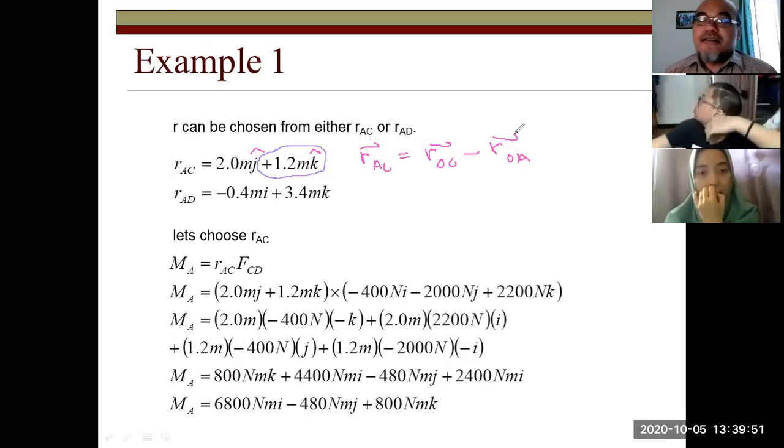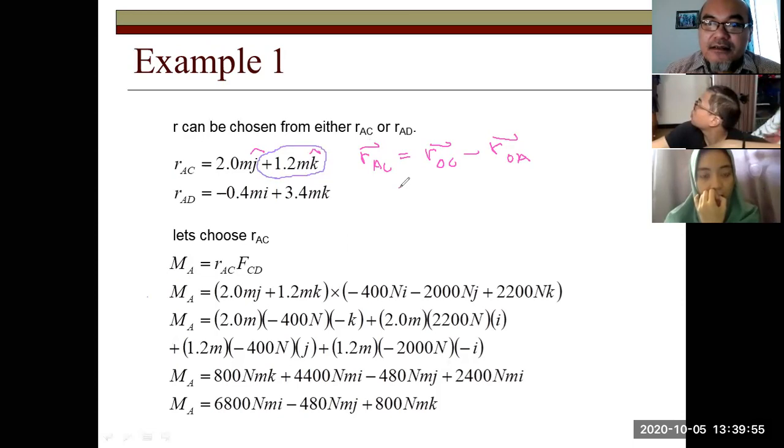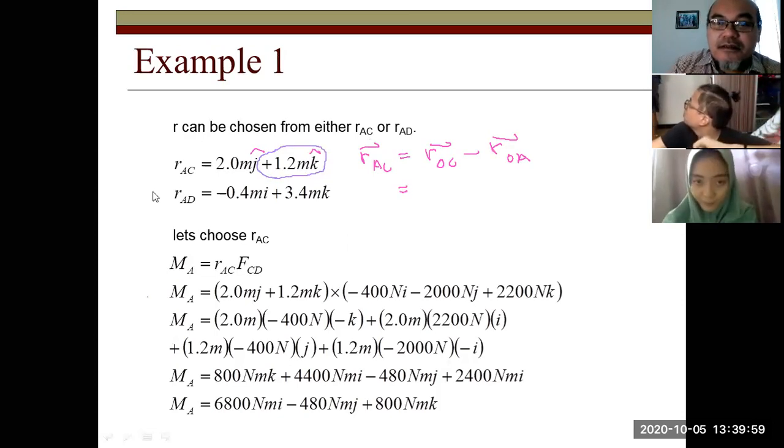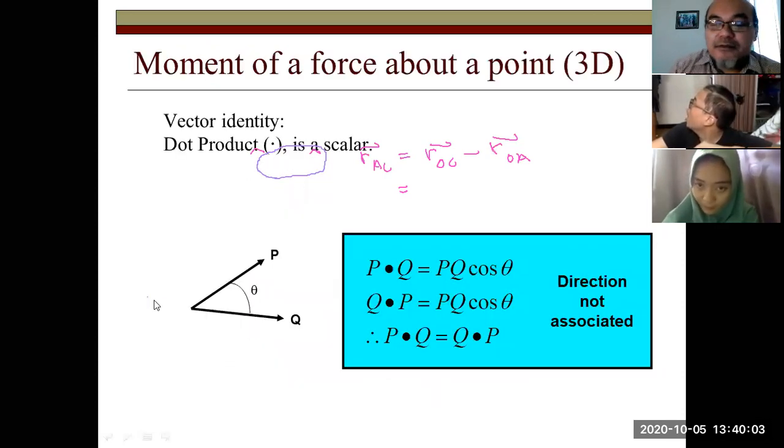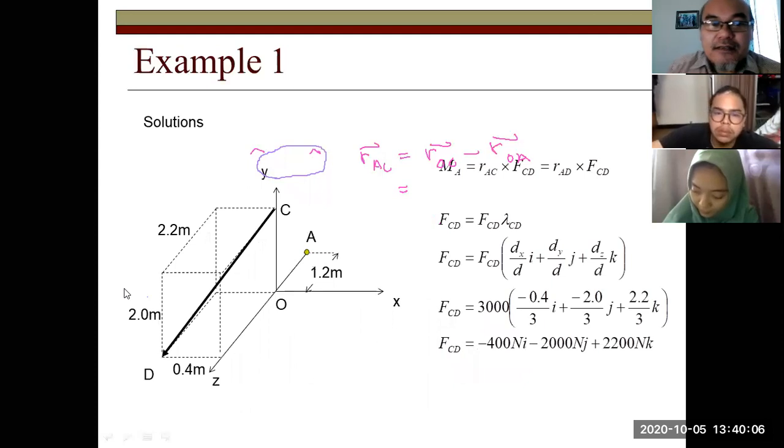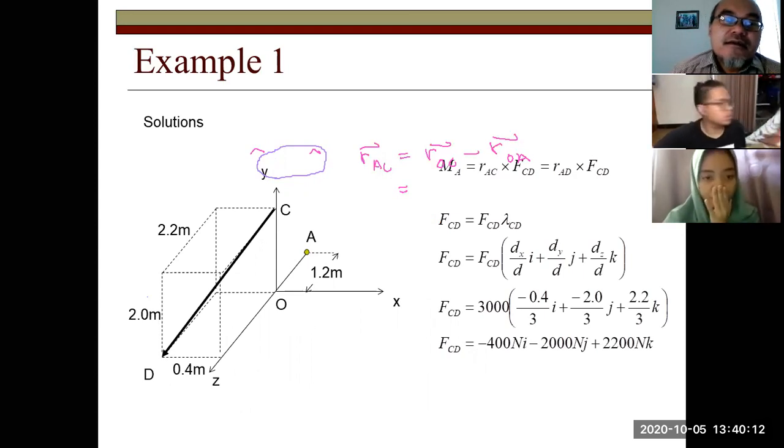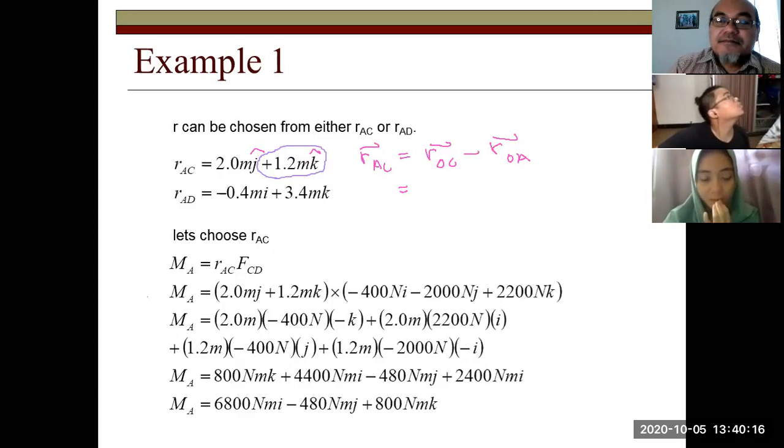ROC is the position vector from the origin to point C, which equals the coordinate of C itself. The coordinate of C is 0, how much? 0, 2 meter, right?